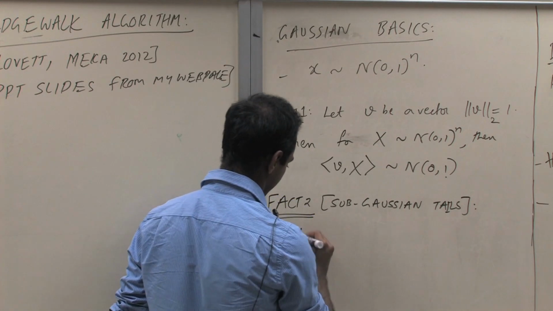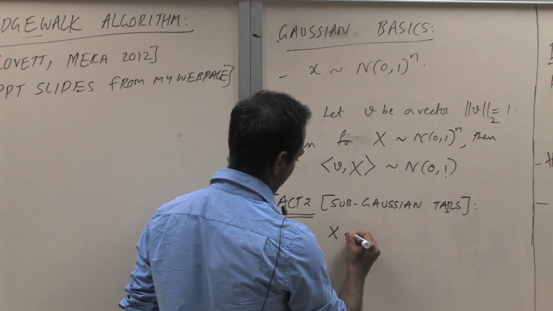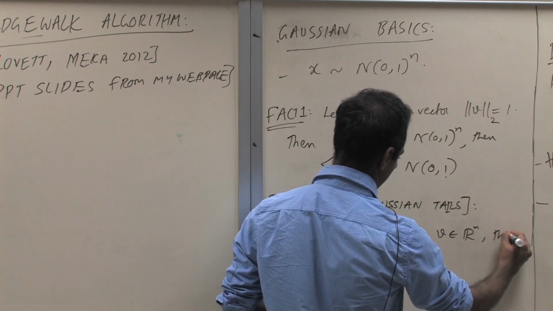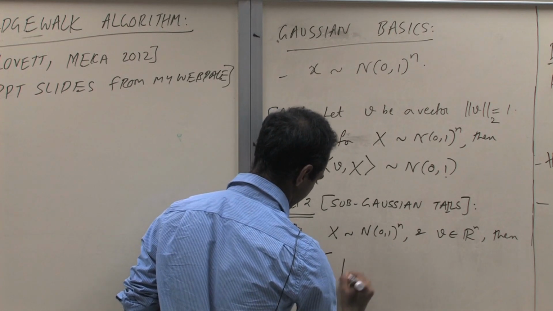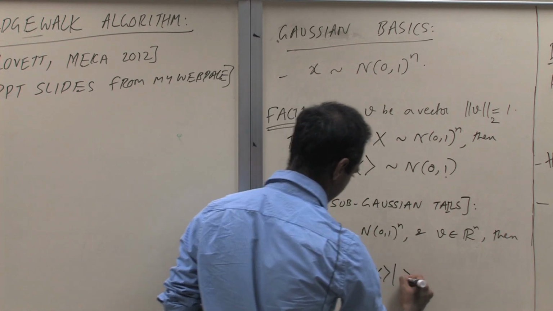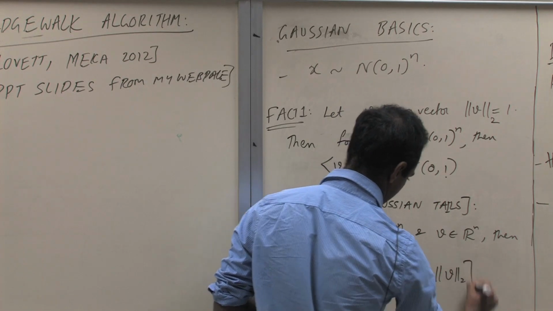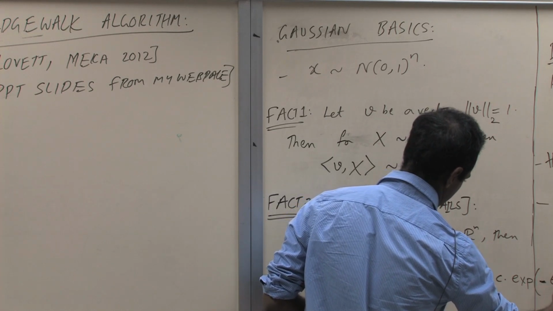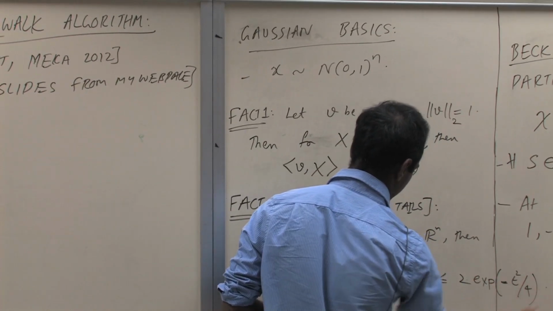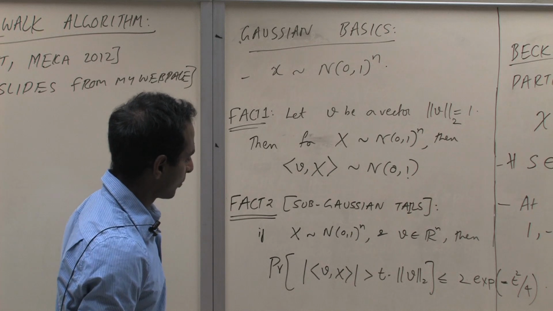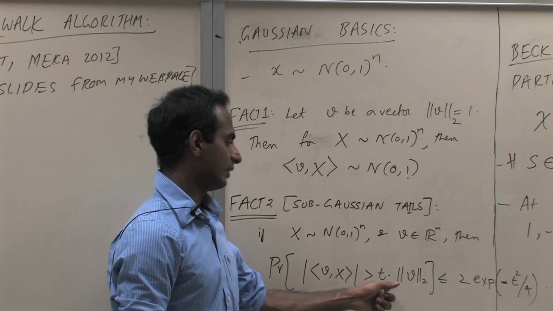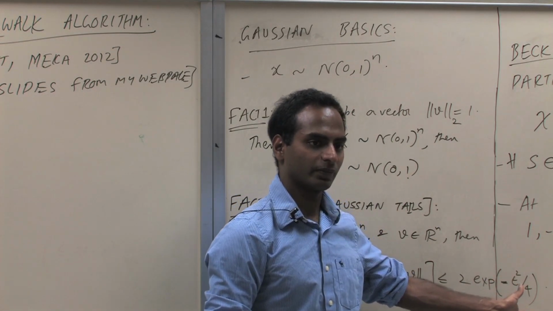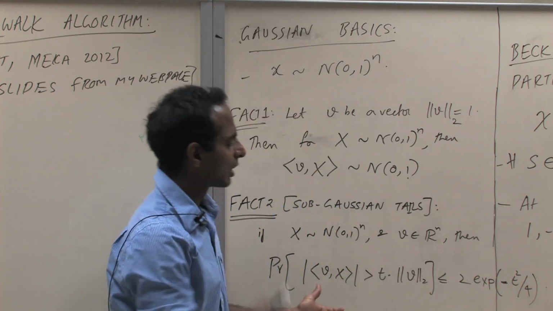In particular, if x is N(0,1)^n and v is in R^n, the probability that the inner product is greater than t times the norm of the vector v is at most e to the minus t squared. So this is sub-Gaussian tails.